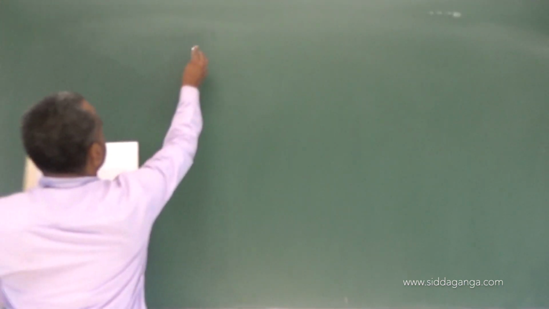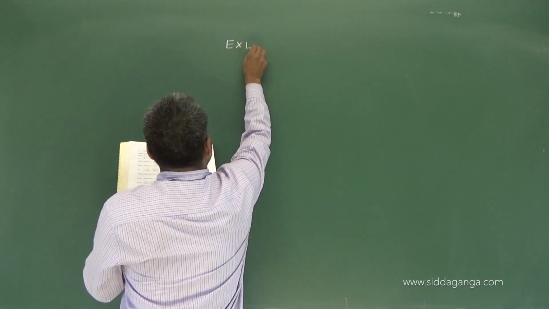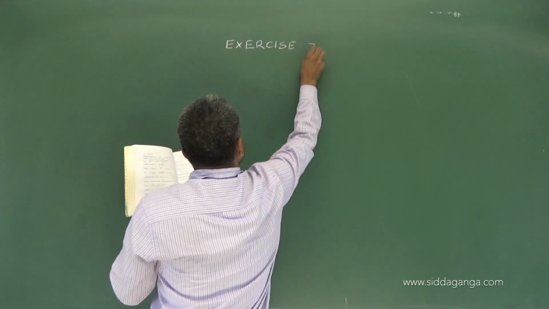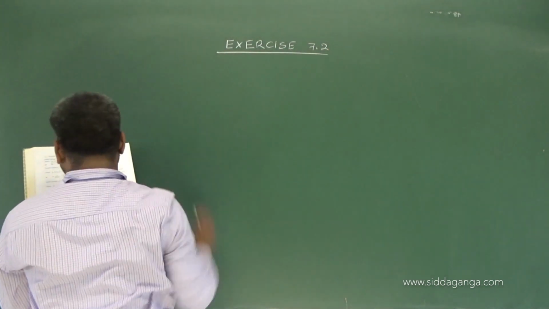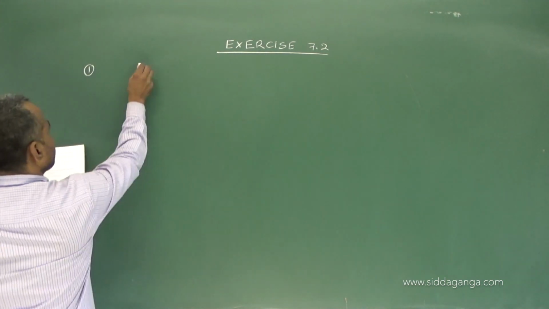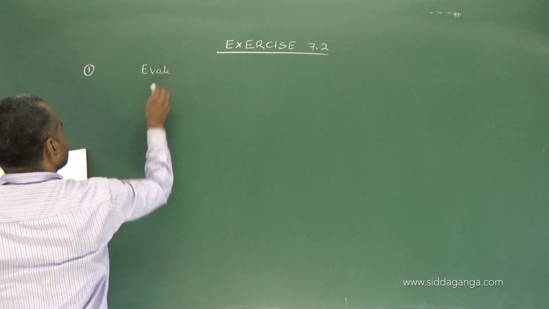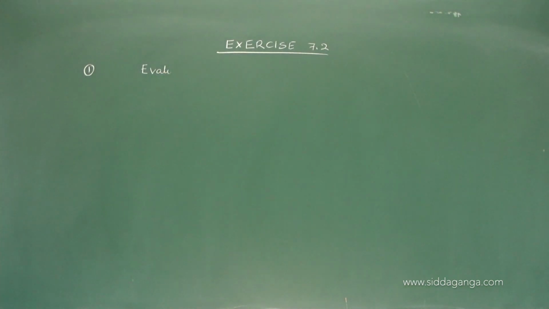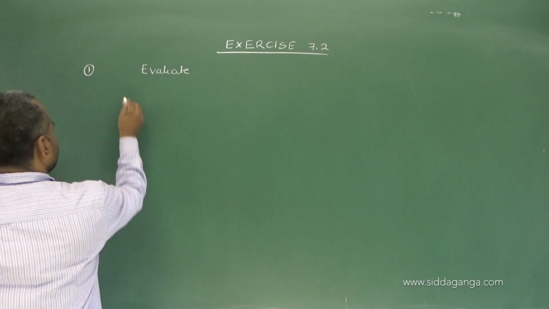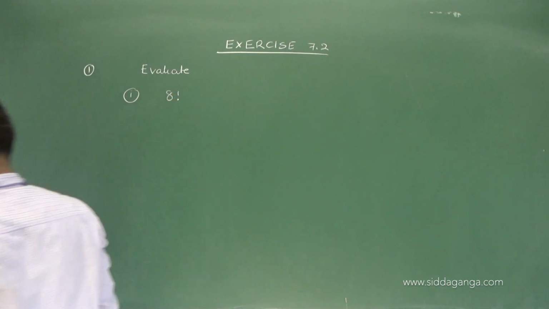Exercise 7.2. First problem, very simple one. Evaluate first one, 8 factorial.